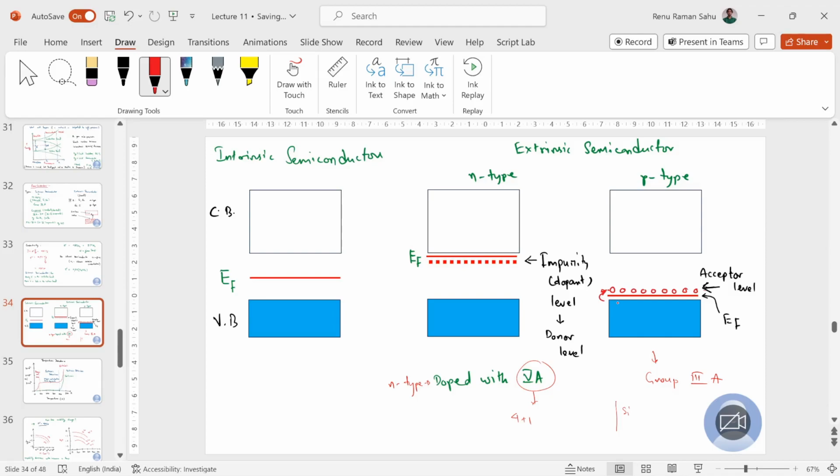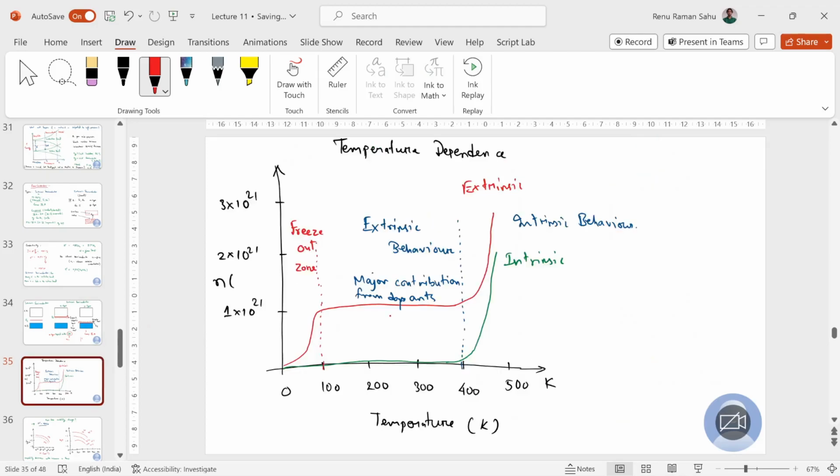If you give some temperature, then by taking that thermal energy, the electrons can hop into the level immediately above them. At very low temperature, the electrons cannot hop out.